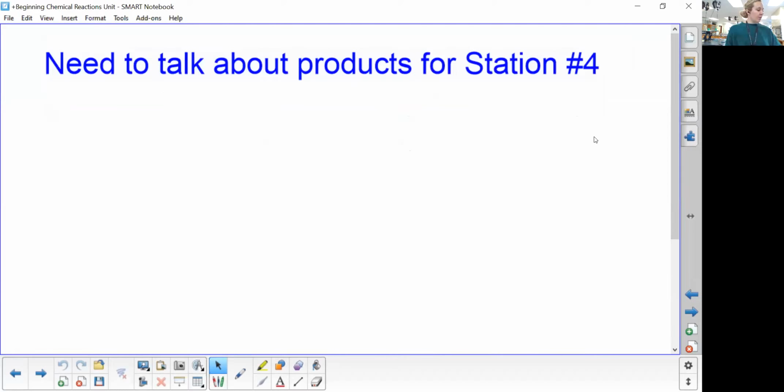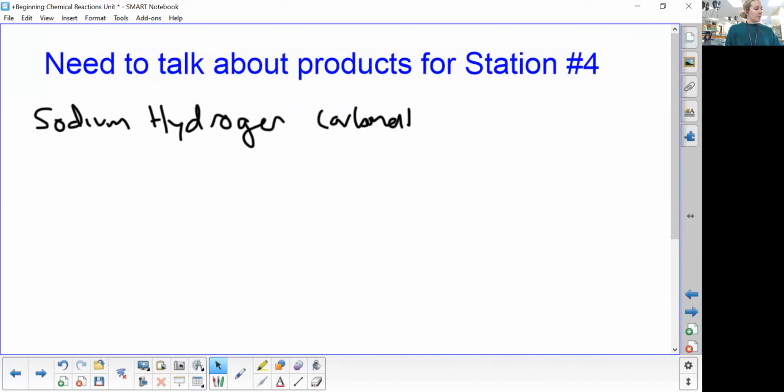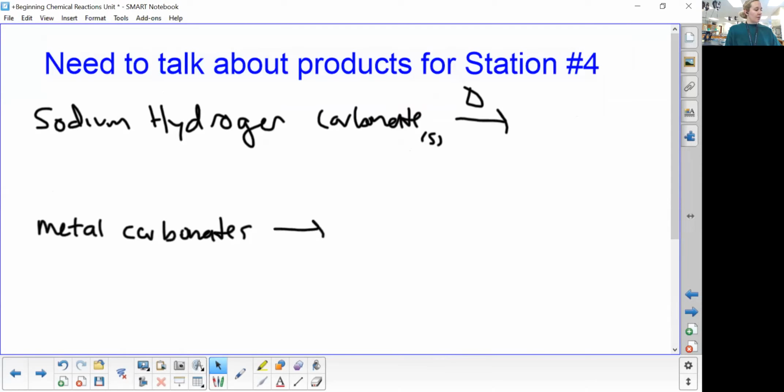So station 4, we took sodium hydrogen carbonate as a solid, and we heated it. All right. And in your guide to chemical reactions, it will talk about metal carbonates being heated, but it does not talk about metal hydrogen carbonates being heated.